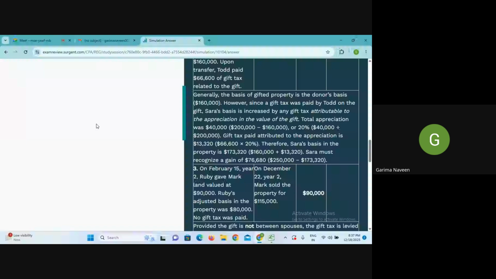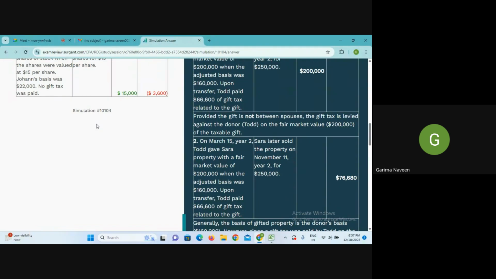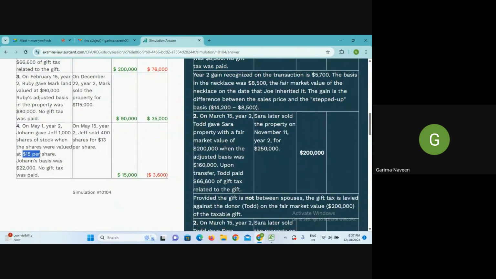However, if the fair market value is less than the adjusted basis, I think you have not considered here the dual basis rule. Since fair market value was 15,000, which is less than the adjusted basis, the dual basis rule will be applied here.